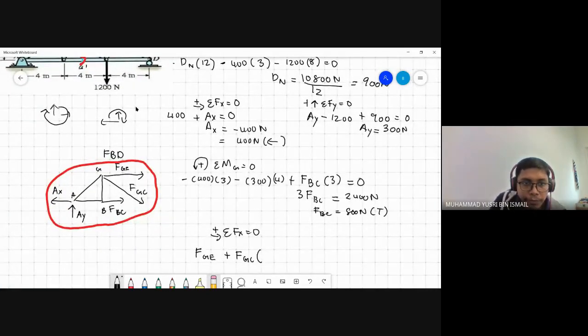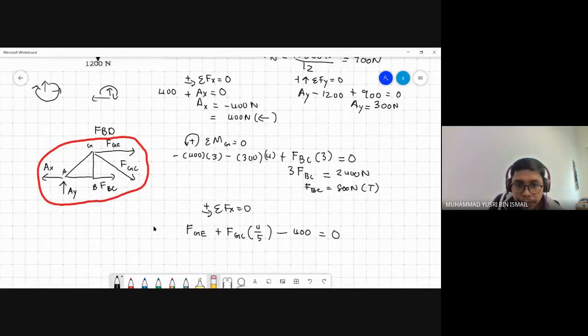Here, because this is 4 and then this is 3. So 4 over 5, going to the right. And then include as well your support reaction. So minus with AX 400 equal to 0. So this is the first equation.